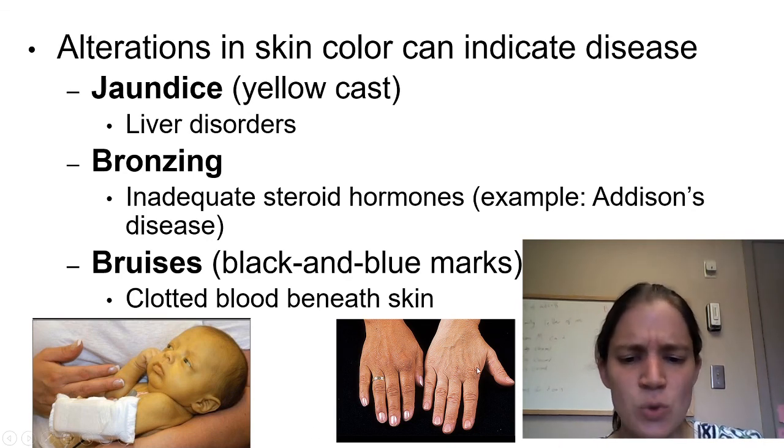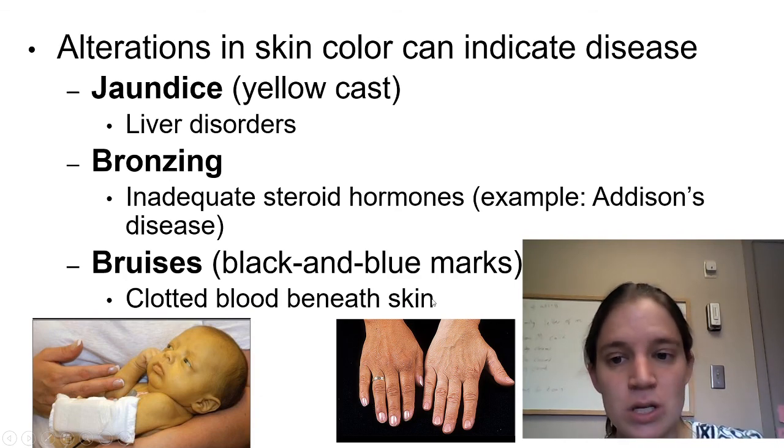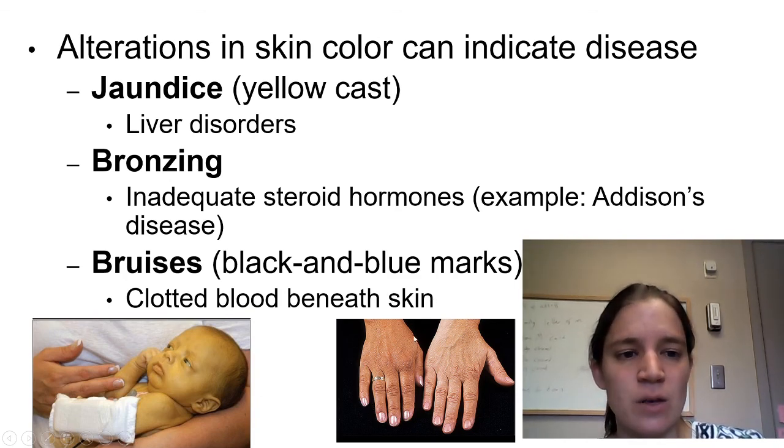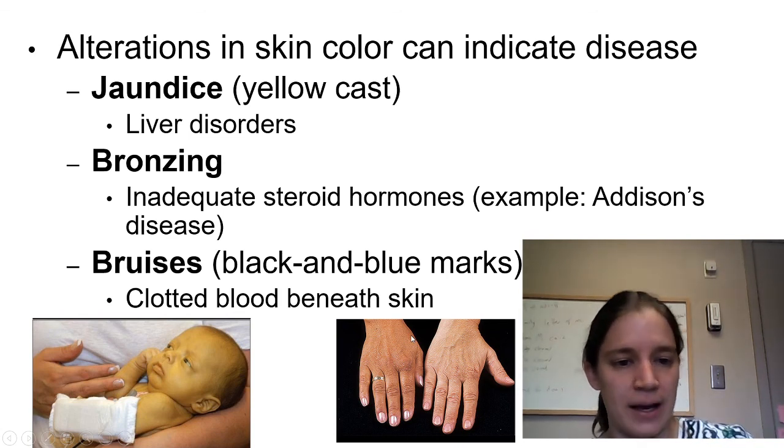So like these two hands here, these two ladies are sisters. This lady has not been out in the sun more. She used to have a skin tone similar to her sister's, but she's experiencing Addison's disease, so she's got bronzing. It's a problem with steroid hormones, and it leads to this bronzing effect.